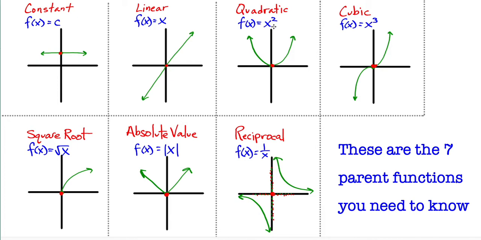If there is a parentheses there, the squared would be on the parentheses. But you don't put a parentheses if there's no numbers. Same with cubed. Sometimes there'll be a parentheses there, and if there is, then that number would mean left or right. And then the cubed would be on the parentheses. But if there's a number at the end, not inside of a parentheses, that's up or down.